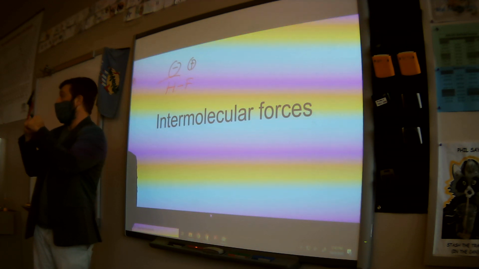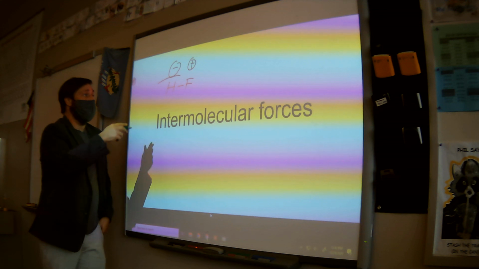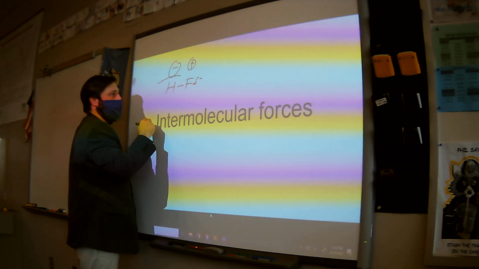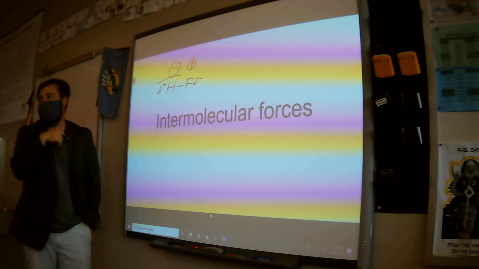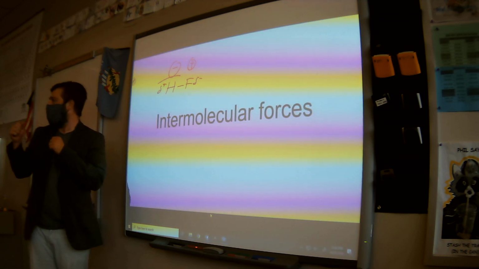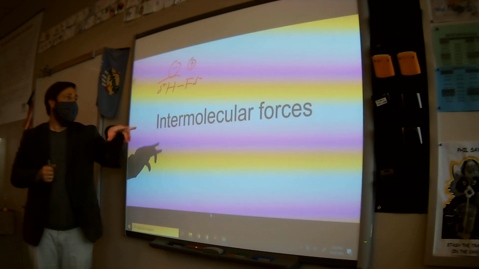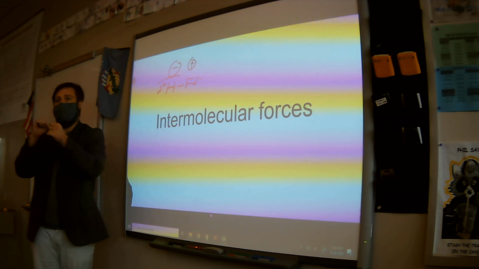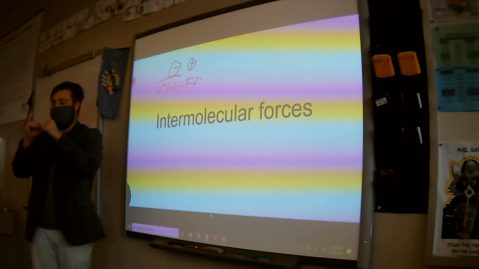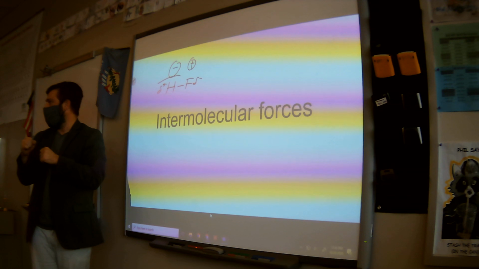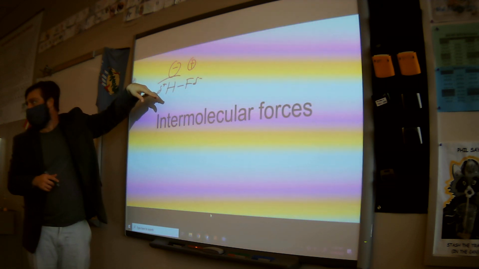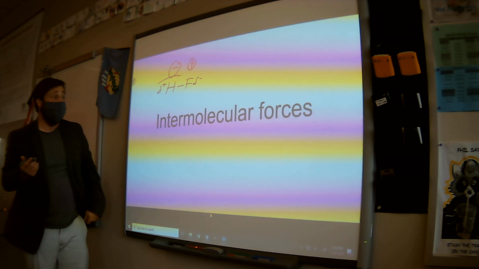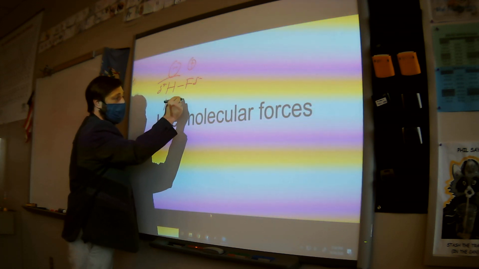There's going to be a charge difference, right? Over here on the fluorine, it's going to be kind of negative. Over here on the hydrogen, it's going to be slightly positive. So you do have a little bit of a charge difference, okay? Distance-wise, it's not quite as tight as an ionic bond, but they're pretty close together, okay? So which one's going to be stronger? Ionic's going to be stronger. Let's keep going.